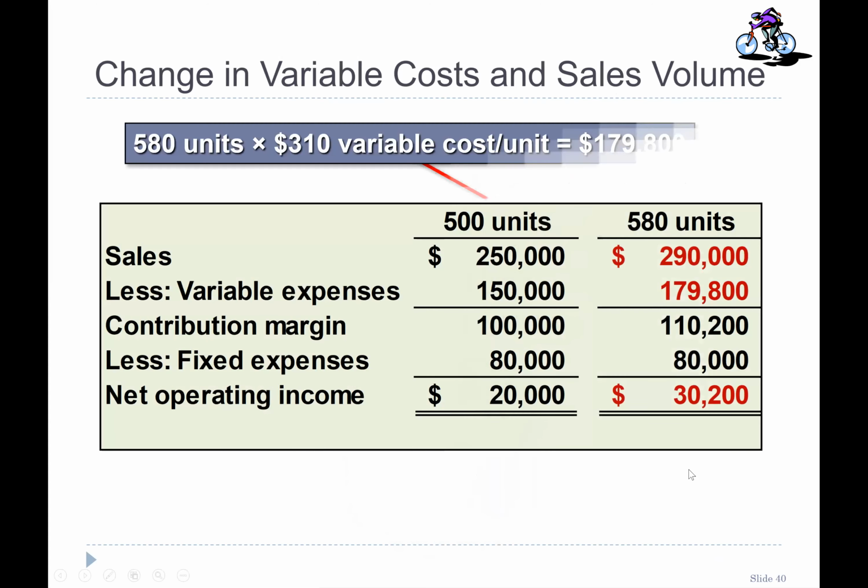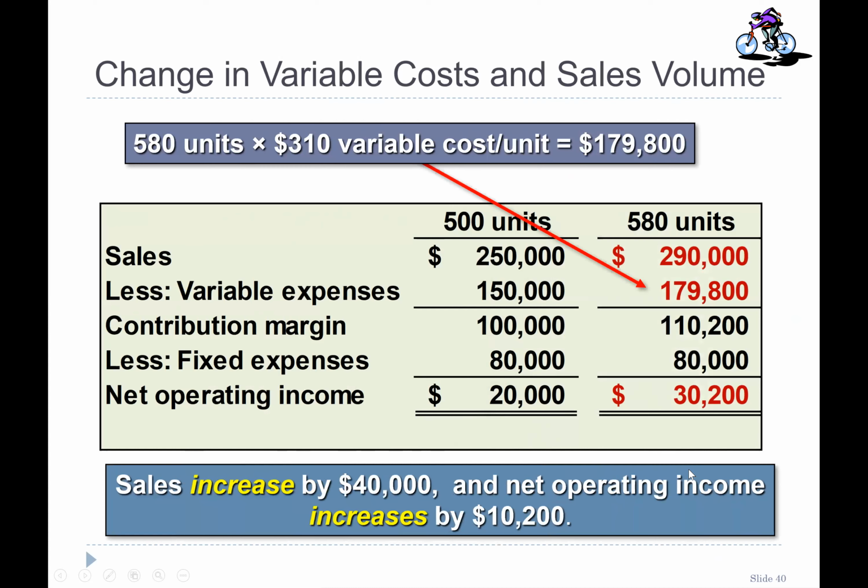Here we go. So this is calculated as 310 multiplied by 580 units. And you see here, we just increased $10, which is also a huge amount in variable cost, right? Even though we did not increase our price, sale price is still 500. Look at our profit.